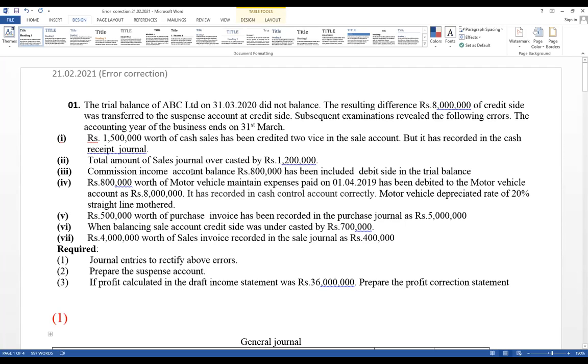The debit effect must be removed and it must also go to the credit side. Therefore, double entry: trial balance credit 1.6 million as well as suspense account debit 1.6 million.